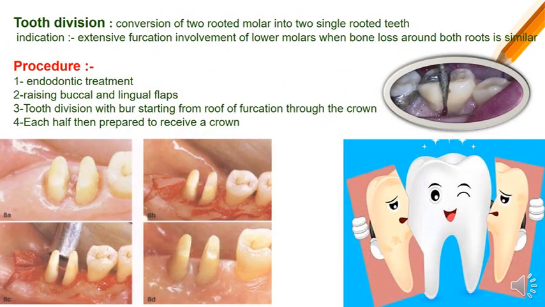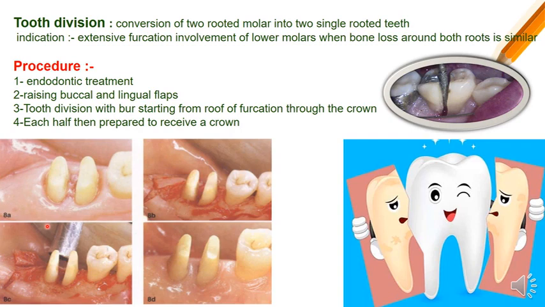Now another procedure is the tooth division. It means the conversion of the two-rooted molar into two single-rooted teeth. The indication for this is extensive furcation involvement of a lower molar when bone loss around both roots is similar. When we have similar bone loss on both roots, we decide to make the tooth division.